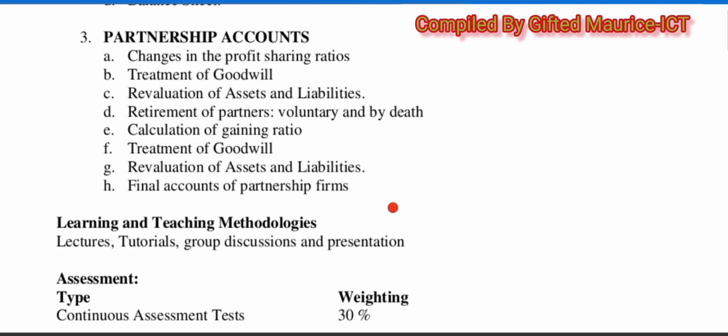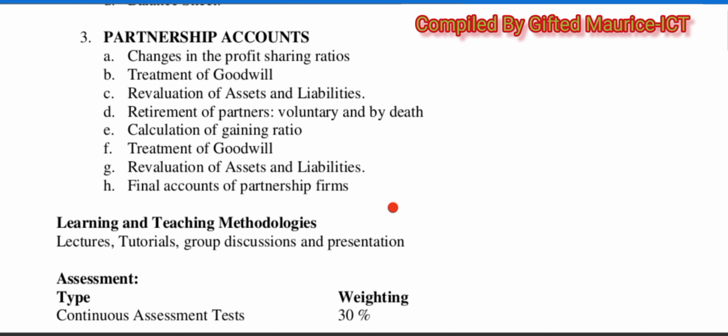In this case, we will prepare what we call an income statement, and we will see what the differences are between a normal income statement for a sole proprietorship kind of business and an income statement for a partnership. So, what are the differences? Where do we draw the line between the accounts of a sole proprietorship and the accounts of a partnership firm?